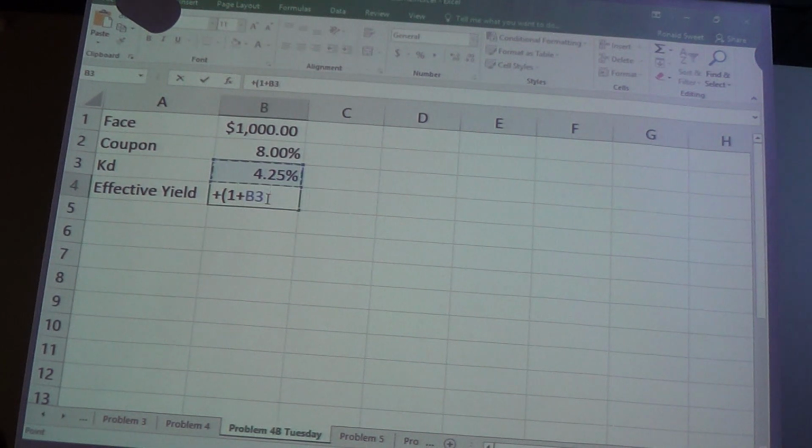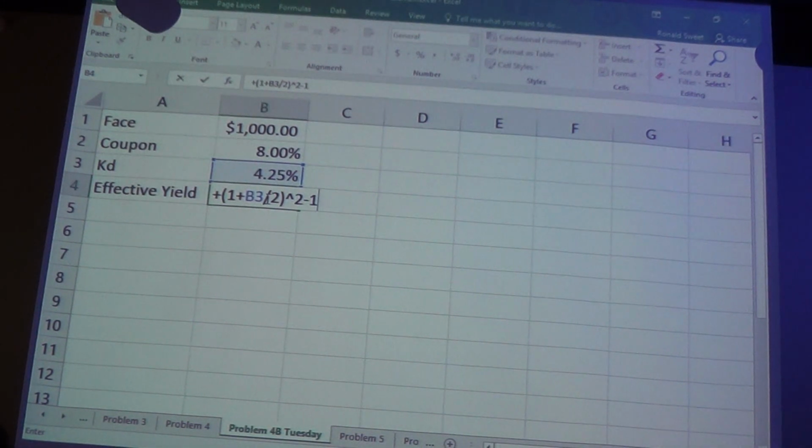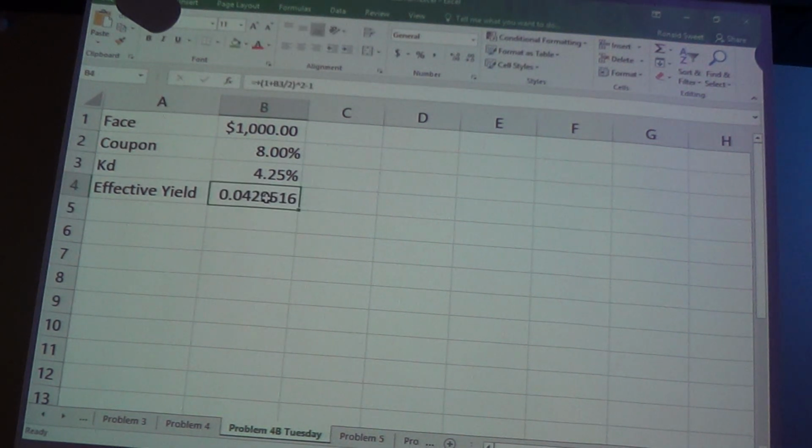So you take 1 plus the 425 divided by 2, raise it to the second, minus 1. If they amortized monthly, you would divide by 12 and raise it to 12. But here it's twice a year. Make sure you get something slightly higher than 425. If you're getting 7% or 12%, you did something wrong. And make sure it's higher. Effective yield cannot be lower.